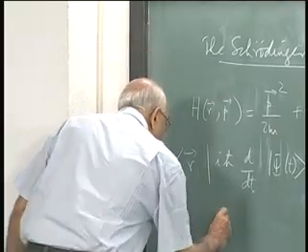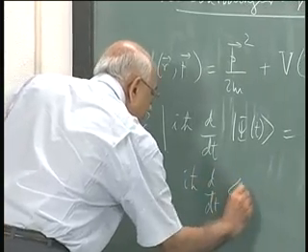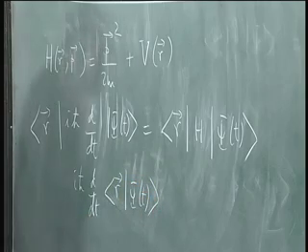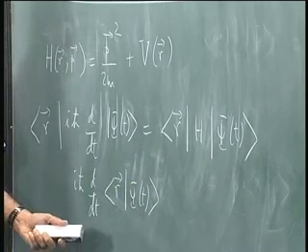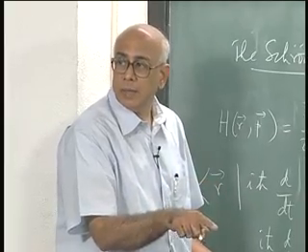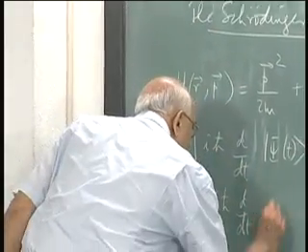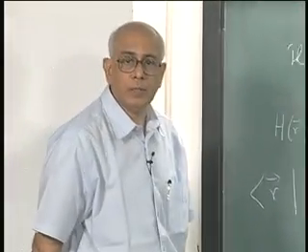So I could pull this out and write iħ d/dt of ⟨r|ψ(t)⟩, but this is the wave function of the particle in the position basis, and I have got a name for this. So this is equal to ψ(r, t), just the wave function in the position basis.